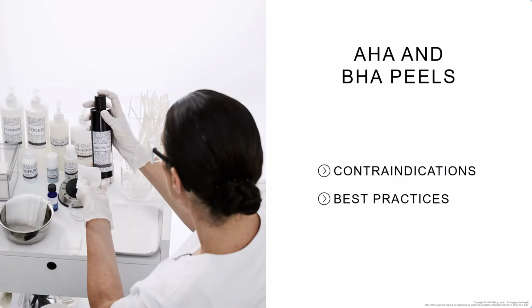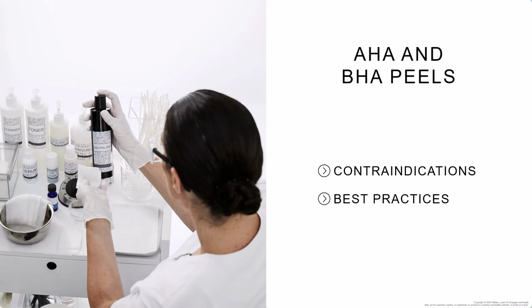For contraindications and best practices of BHA peels, you generally want to follow the same course of action during and after both AHA and BHA peels, including before the service. You want to discuss potential issues and contraindications. You want to explain the procedures and the expected outcomes and realistic goals.